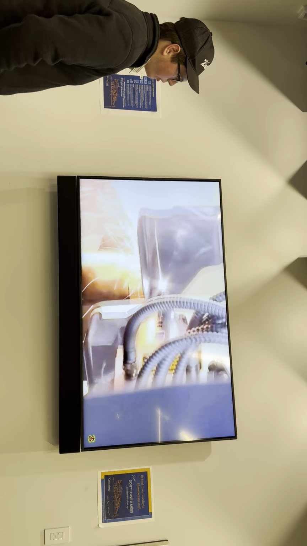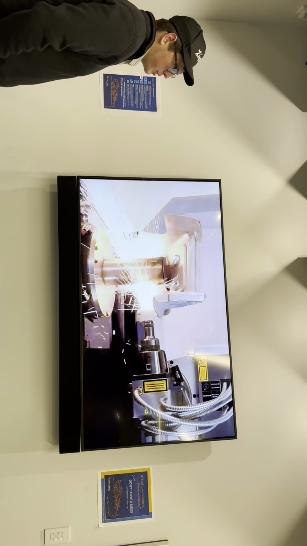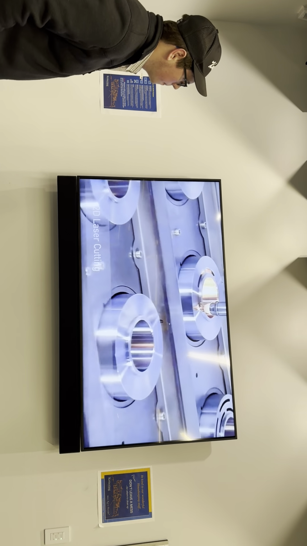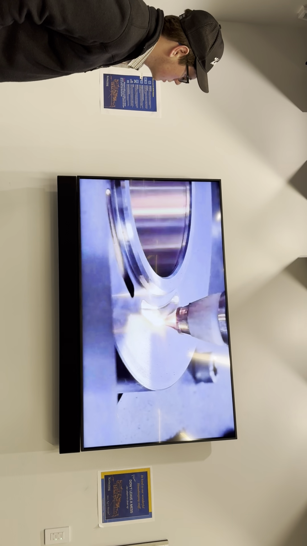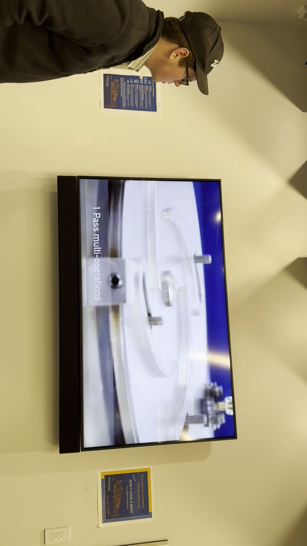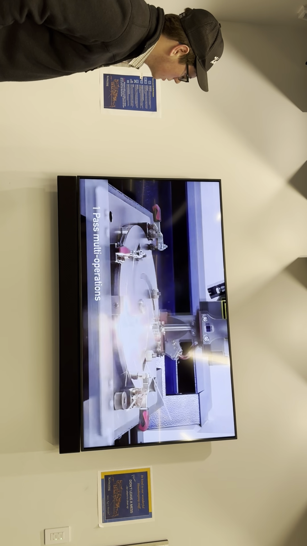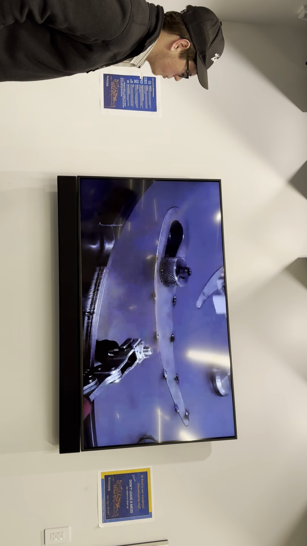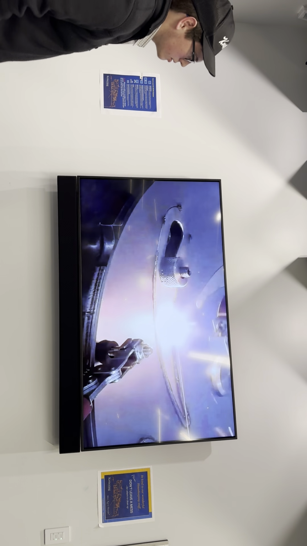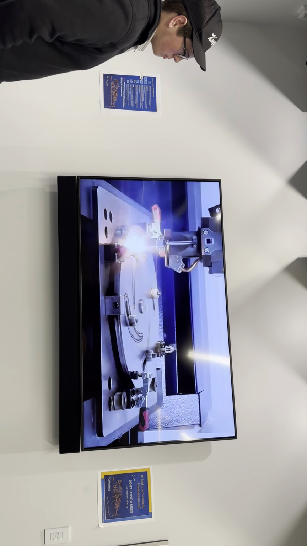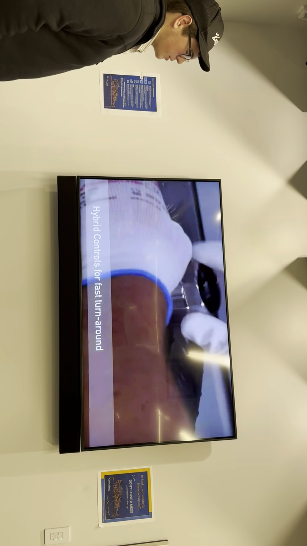On this stamped steel part, it can cut off the excess very quickly. In this welding video, you can see how fast parts can be welded. No human can keep up with this machine.